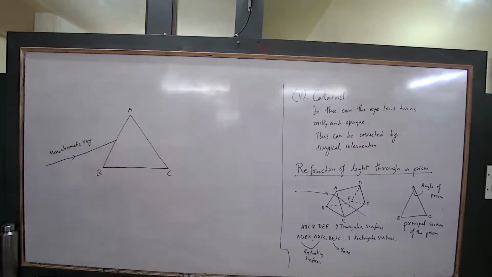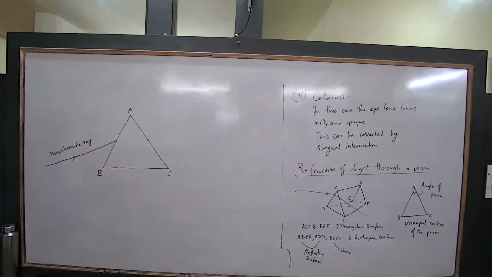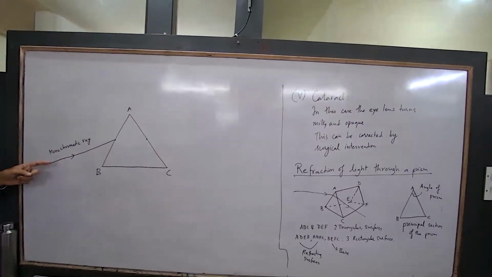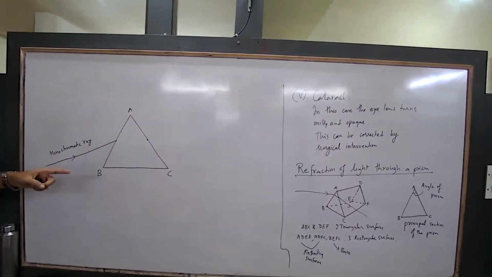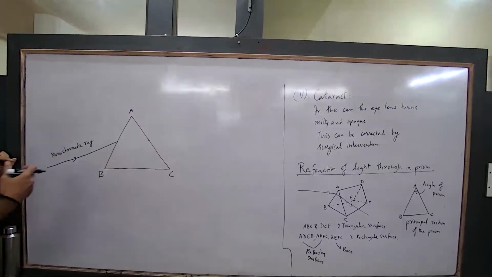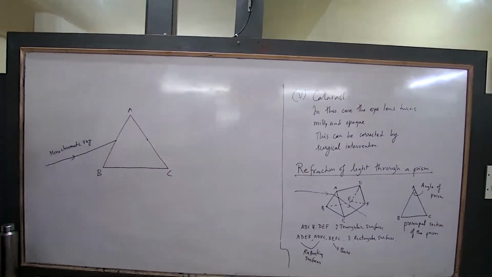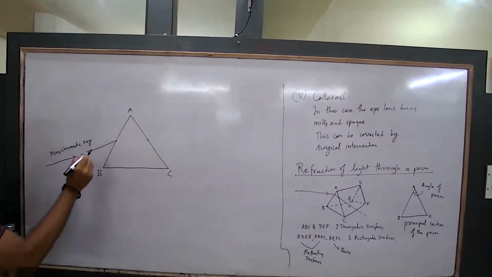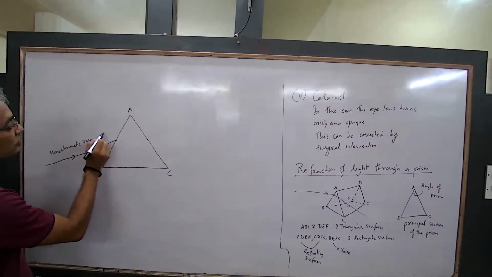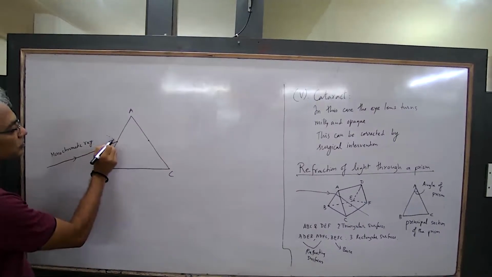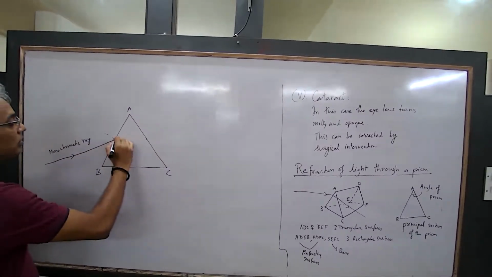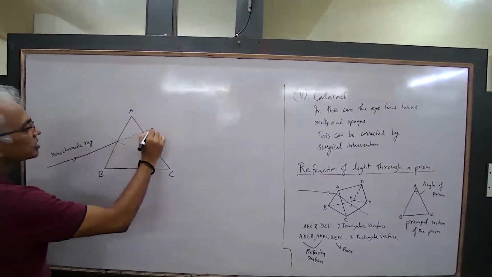Then what happens? We have already discussed refraction. Where is the ray traveling from? Air to glass, so air to denser. So what will happen in the denser medium? It will bend towards the normal. So first draw the normal here. This is the original direction.